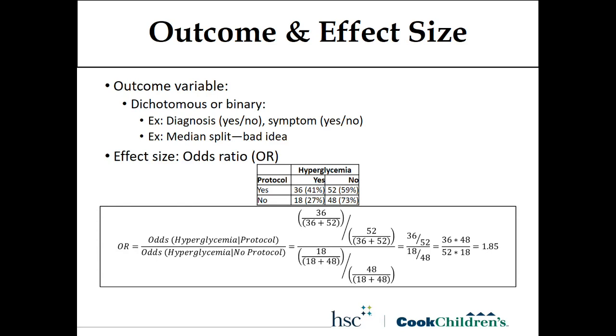Like I said, that first one, the 36 over 36 plus 52, is the conditional probability that you're hyperglycemic given that you're in the protocol group, so 41% is a way to rewrite that whole little fraction. Anyway, you reduce it, use the cancellations, and you get an odds ratio of 1.85. So the odds ratio is 1.85 for that analysis.